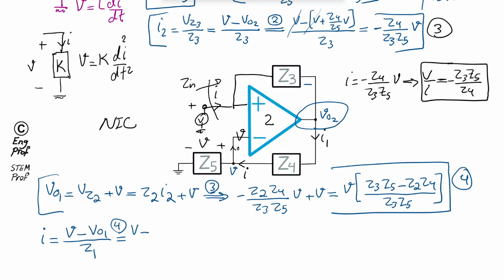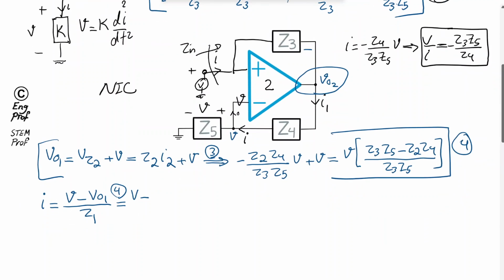So let's do that. So I'm going to substitute for Vout1, and I can factor out V as well. So it would be V over Z1. And then we have 1 minus, then as a result of factoring out, what we have is, or I can just multiply, it's fine with me. So let's factor out, that's fine.